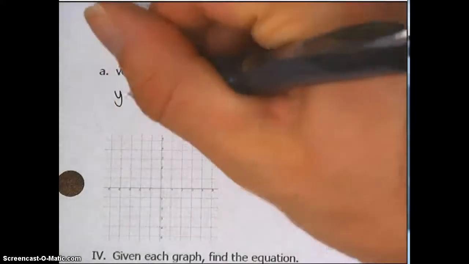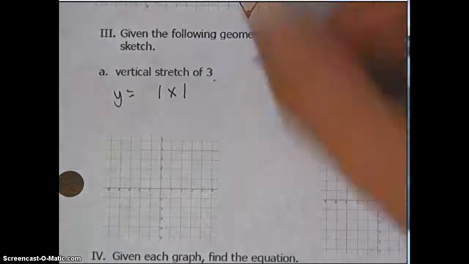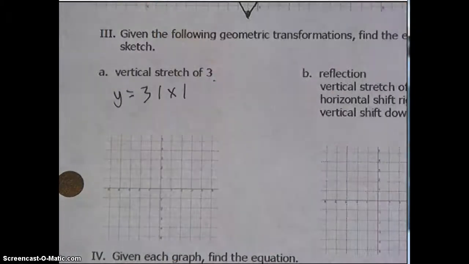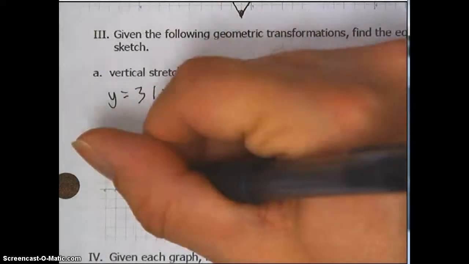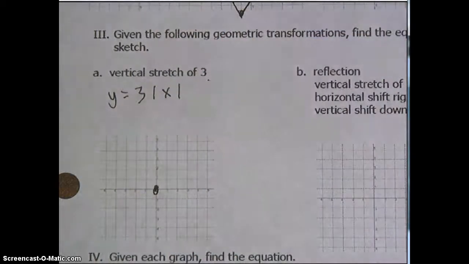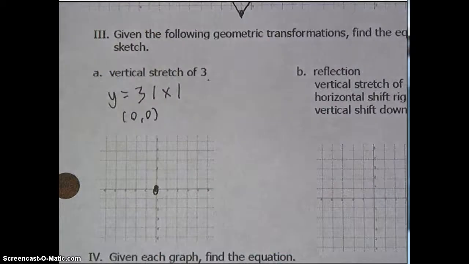Well, that's just y equals the absolute value of x, but a vertical stretch of 3 means I'm going to put a 3 out front there. So this thing's still at 0, 0, which is your vertex. So the vertex is still at 0, 0.